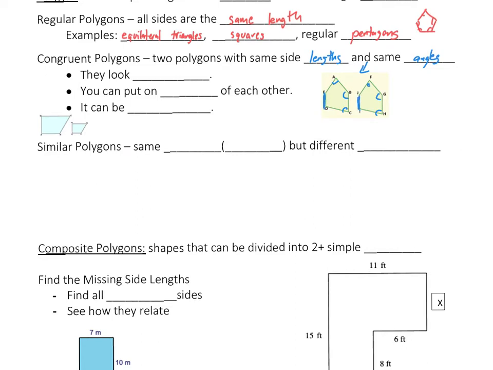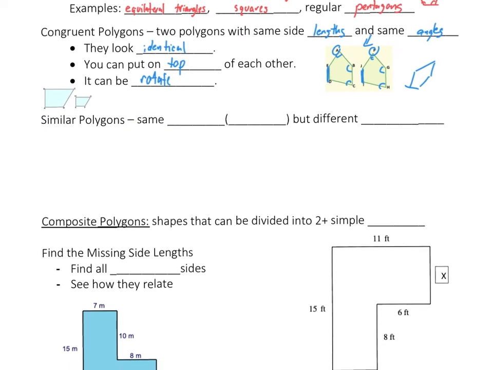So they look identical, even though they have different letters. You can put them on top of each other and they would fit exactly the same. Those are congruent polygons. You can rotate them, so even if you rotate it a little bit, that doesn't stop them from being congruent.